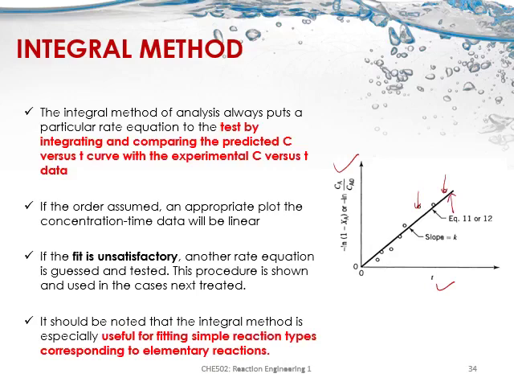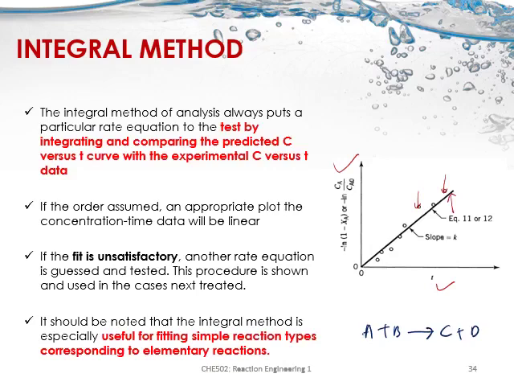Last point, it should be noted that the integral method is especially useful for fitting simple reaction types corresponding to elementary reactions. So it's very useful for elementary reactions, meaning that when it is elementary, automatically you may know what the order is. Okay, you are given A plus B, you get product C and D. Then it's mentioned the reaction is elementary.